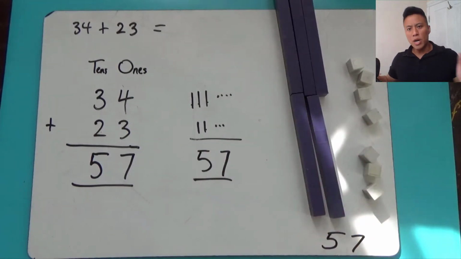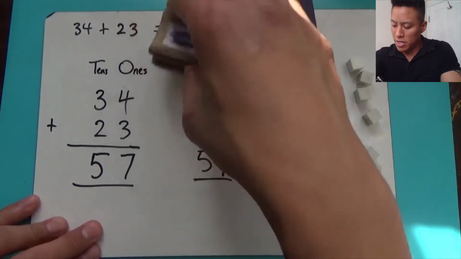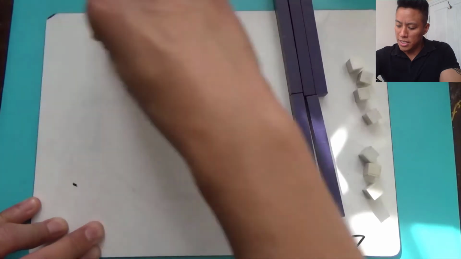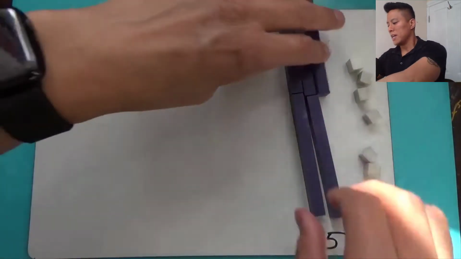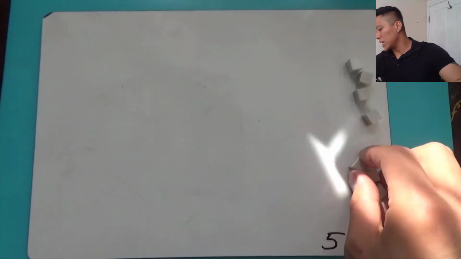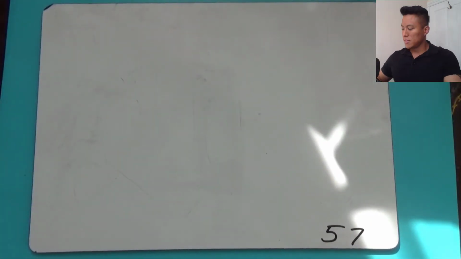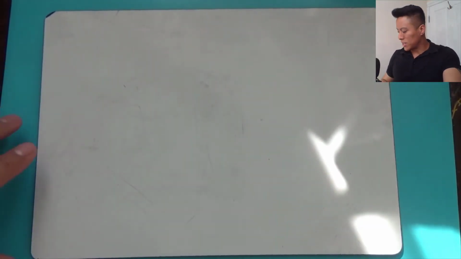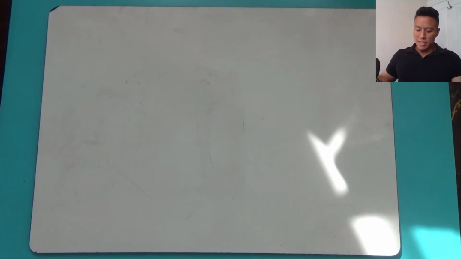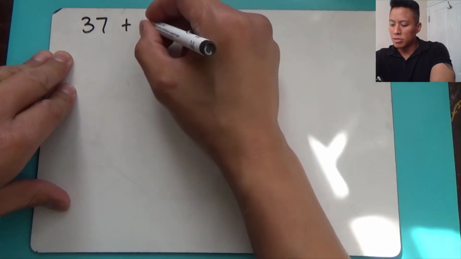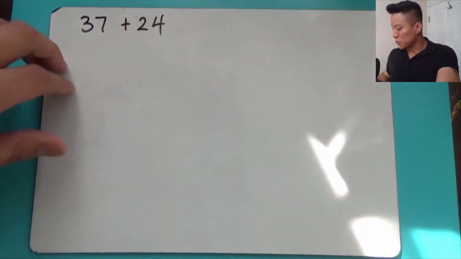Now what happens if it does cross the tens? This is where it gets a little bit tricky. Let's change these numbers up, and I bet you can guess what numbers I am going to use. Yep, you guessed it: 37 plus 24.